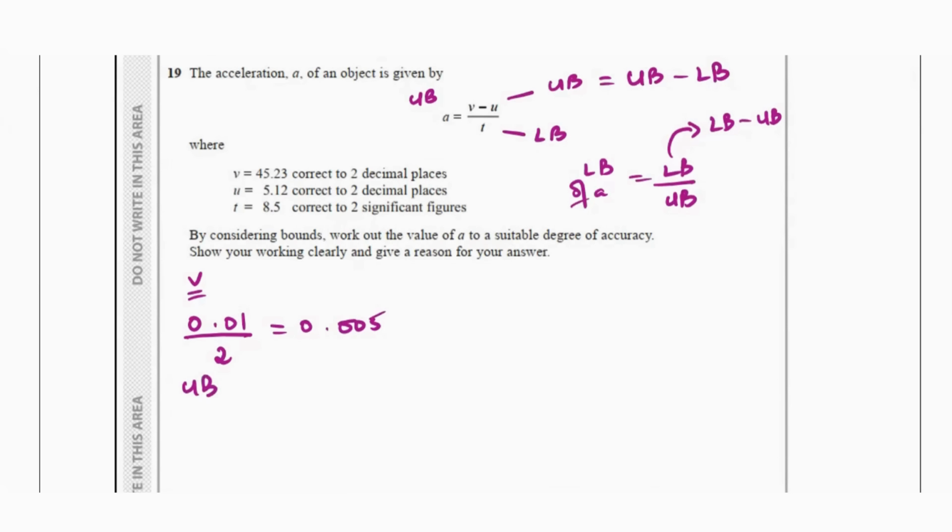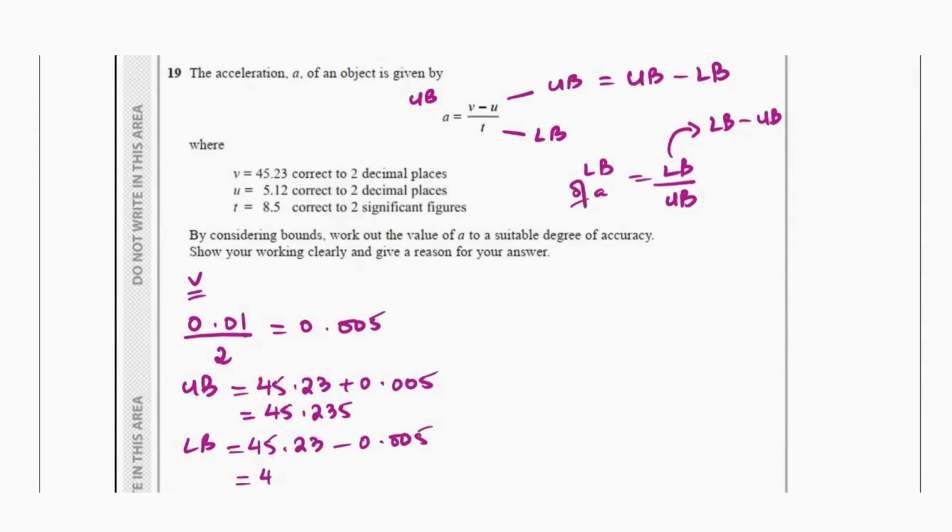For the upper bound, it would be 45.23 plus 0.005, which gives us 45.235. And for the lower bound, we subtract 0.005 from 45.23, which is 45.225.